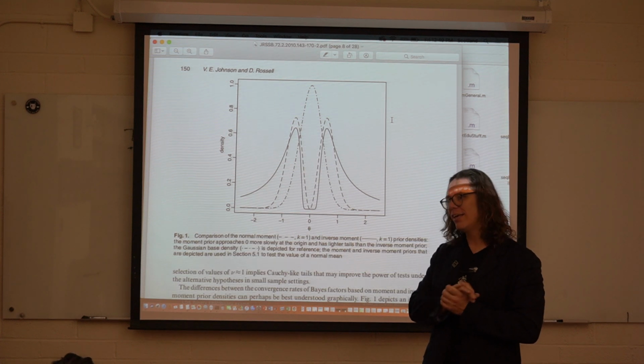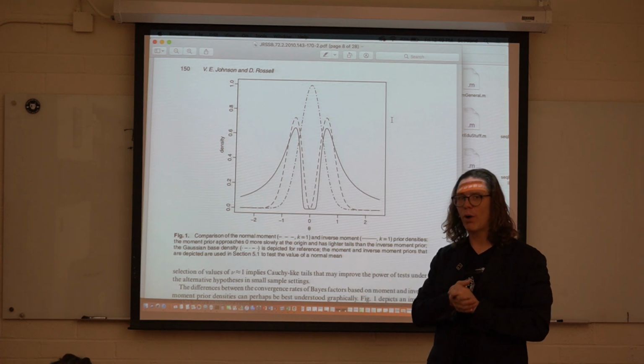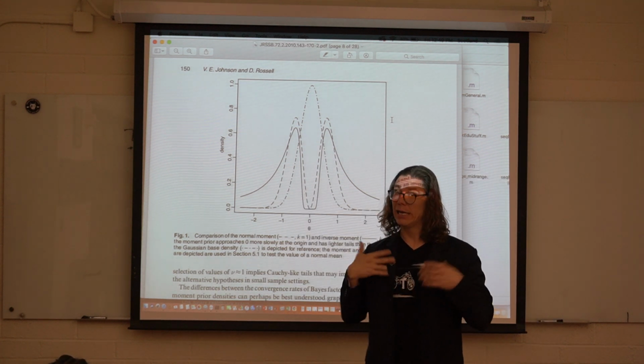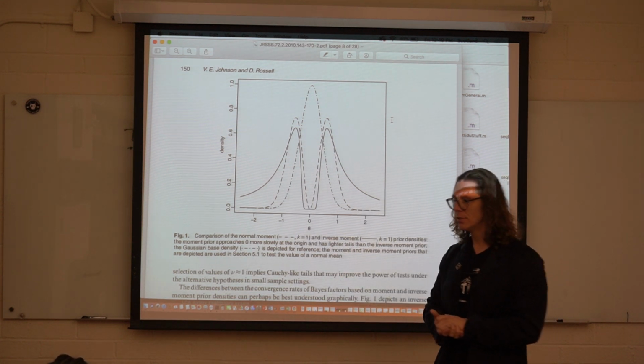So as n increases, the probability of the null goes to 1 exponentially fast.